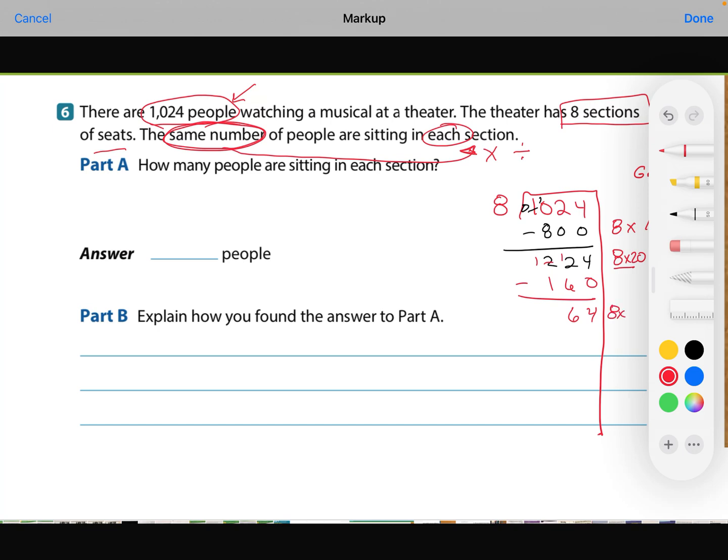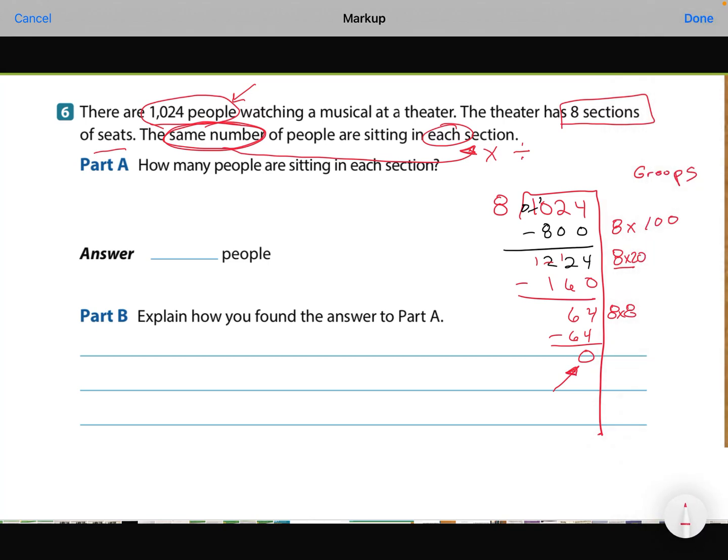And we know that 8 groups of 8 is 64. So everybody gets a seat because there is no remainder. So that is going to give us 128 people in each section.